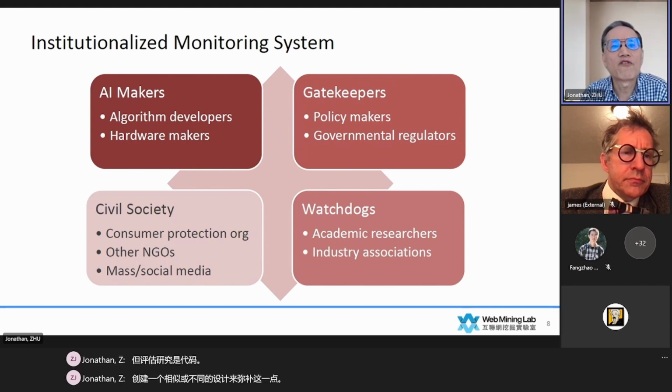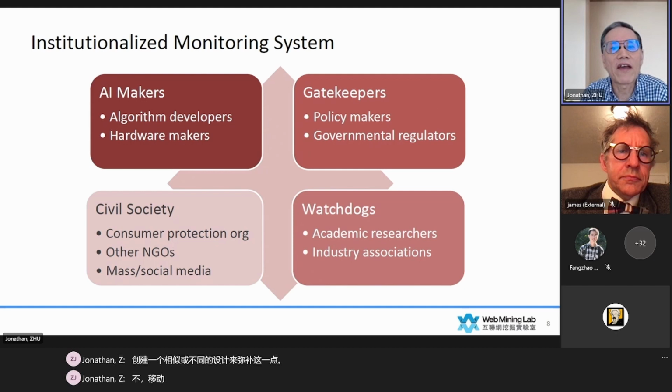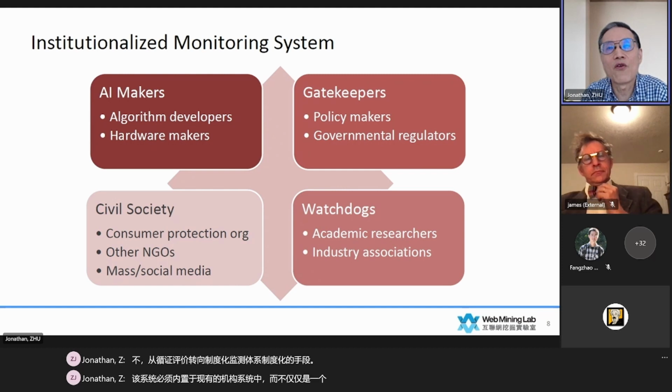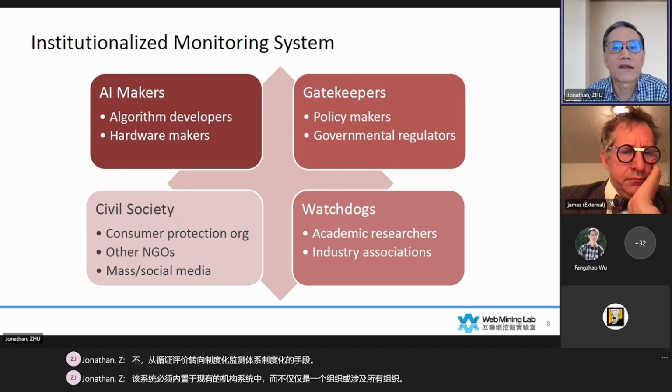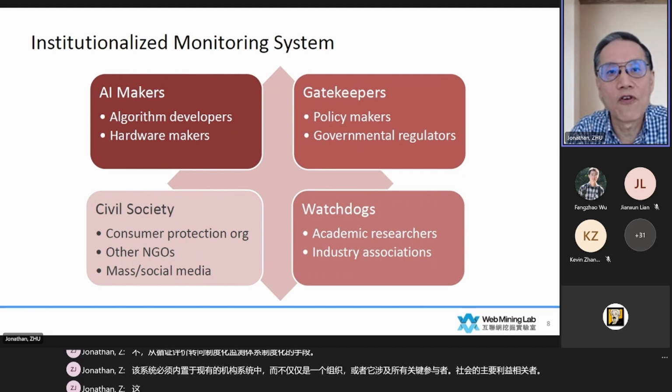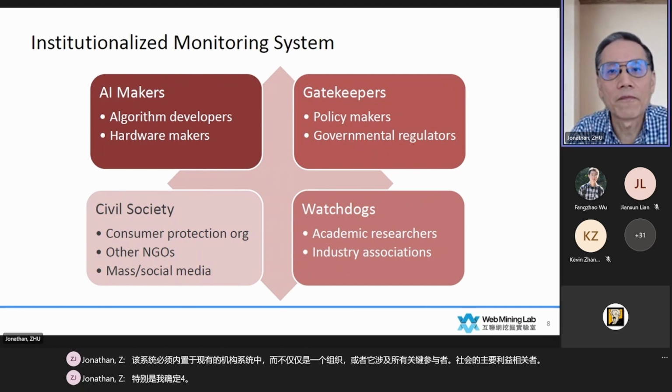Now, moving from evidence-based evaluation to the institutionalized monitoring system. Institutionalization means the system has to be built into the existing institutional system, and it's not simply one organization, but involves all key players, key stakeholders of the society. In particular, I identify four players.